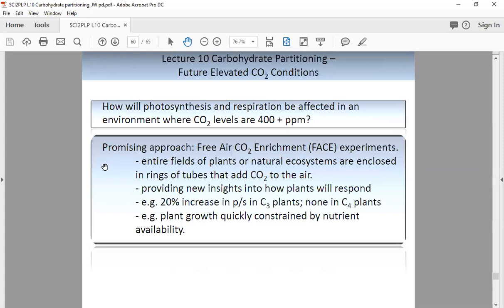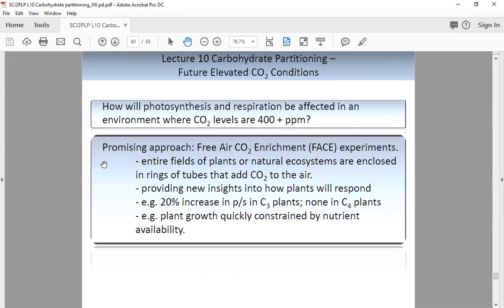Using FACE experiments, they can enclose entire fields or natural ecosystems in tubes that add carbon dioxide to the air to simulate the high carbon dioxide environment that we might expect to see in the future. And these experiments are already providing new insights into how plants might respond. Some interesting observations have come out of these experiments.